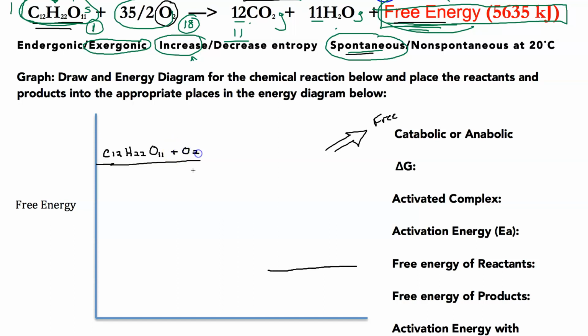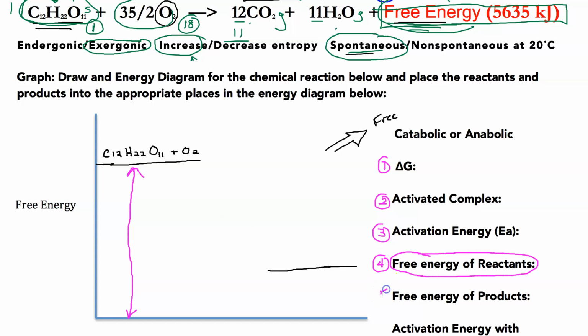So collectively, this distance from here to here represents the free energy that the reactants have. So we're going to label this 1, 2, 3, 4, 5, and 6. The free energy of the reactants, we call this 4. So number 4 is the total amount of free energy that the reactants have.